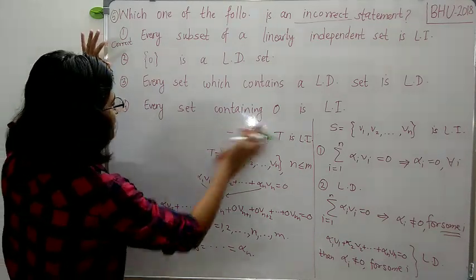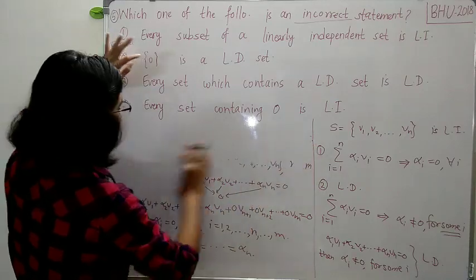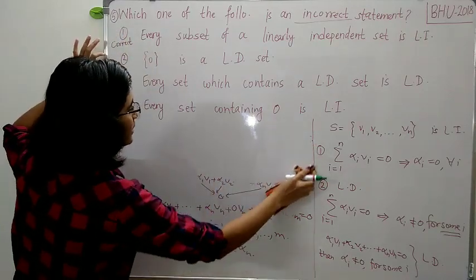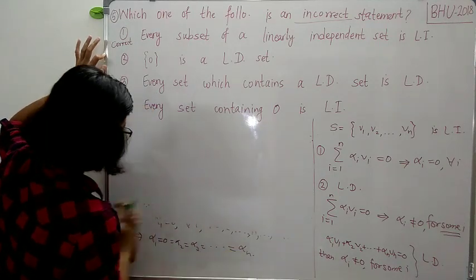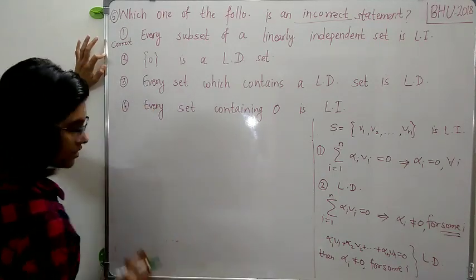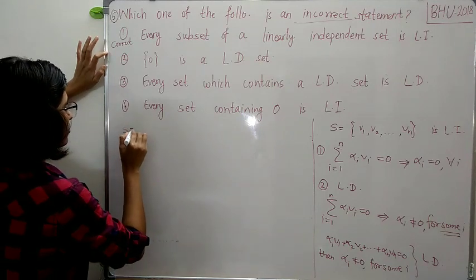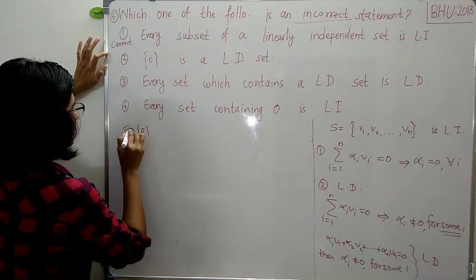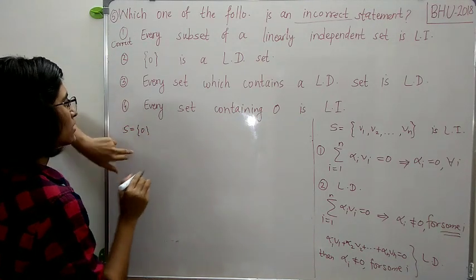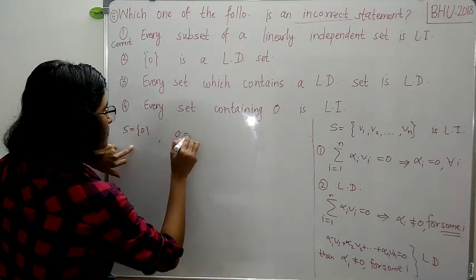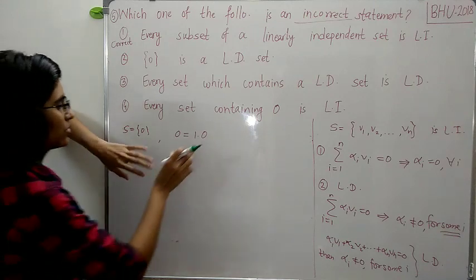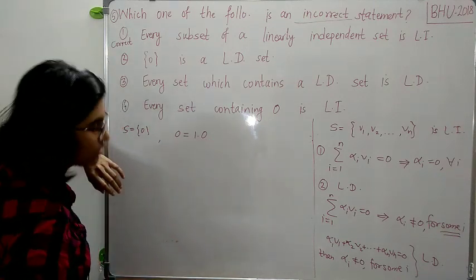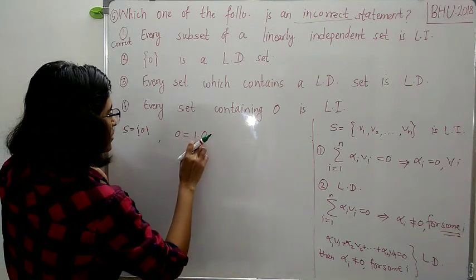The second option says that this singleton 0 set is a linearly dependent set. So let us see whether this is linearly dependent or not. Let us take S equal to the set {0}. So we can write this 0 as, say, 1 times 0, because this is just a linear combination of this element.